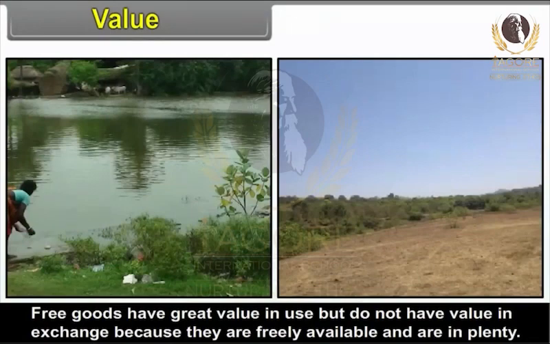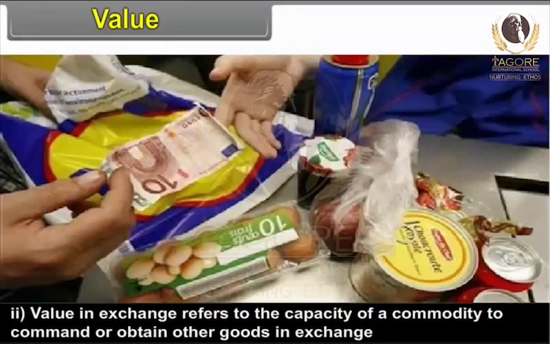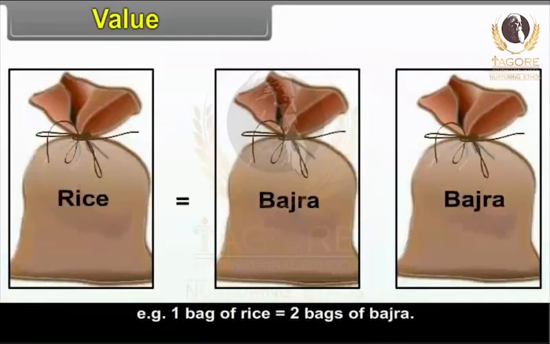Free goods have great value in use but do not have value in exchange because they are freely available and are in plenty. For example, air has tremendous value in use. Value in exchange refers to the capacity of a commodity to command or obtain other goods in exchange. For example, 1 bag of rice is equal to 2 bags of bajra.